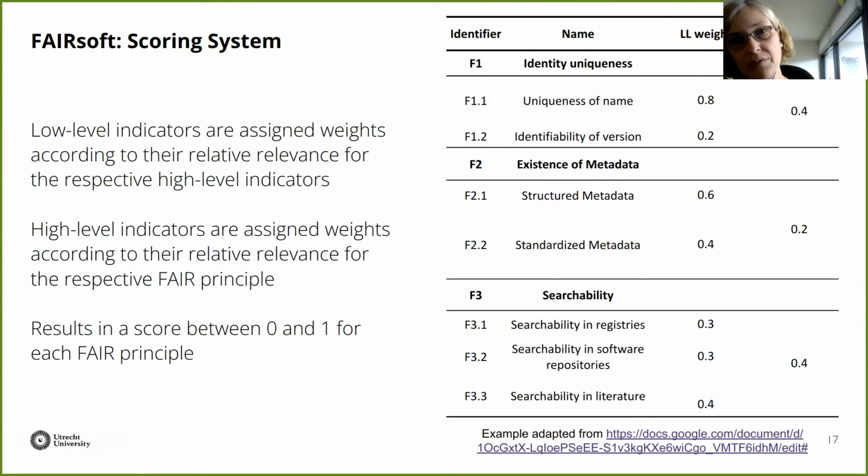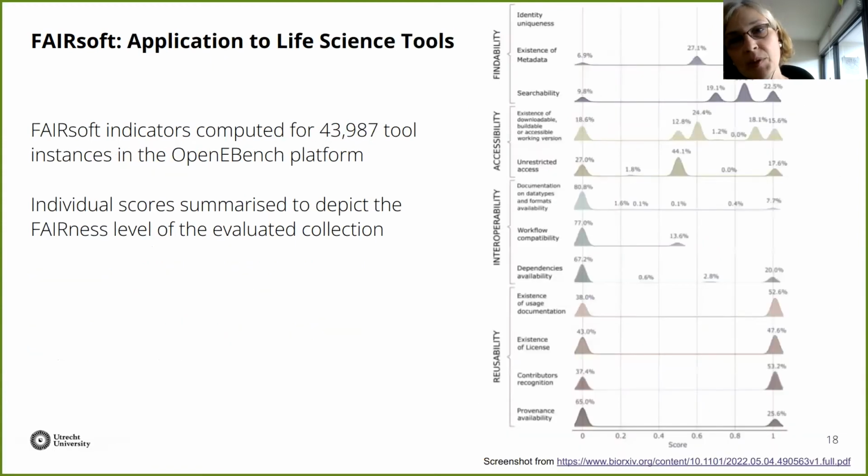So you can do this for individual tools, but what the group has done in particular is to apply this FAIRsoft approach to a really large collection of life science tools, more than 40,000 actually, that are mostly bioinformatics tools run or known by the OpenEBench platform.